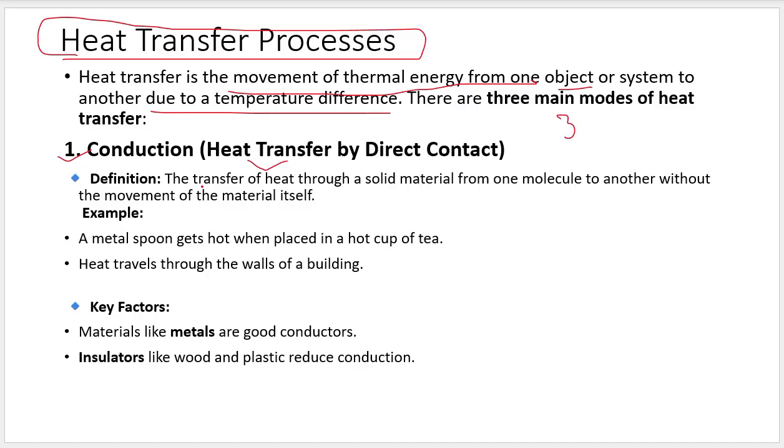Definition: the transfer of heat through a solid material from one molecule to another without the movement of the material itself. Solid material can be anything: metal, wood, plastic, any solid material. From that solid material to another solid material, without the movement of the material itself. No need to move anything, only heat transfers.